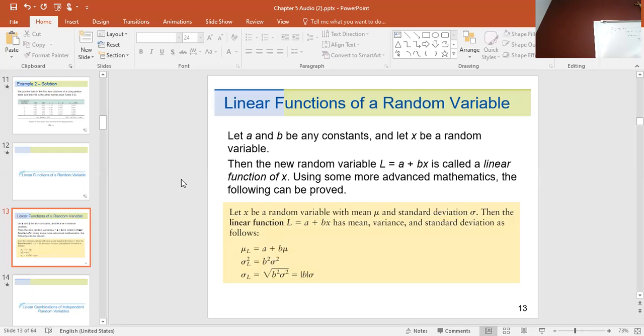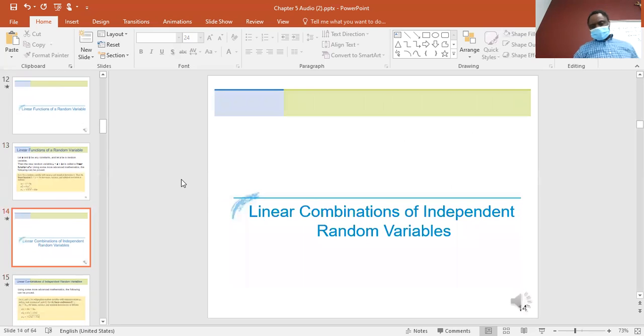Now linear combination, let me write it here. We might combine two random variables x and y.